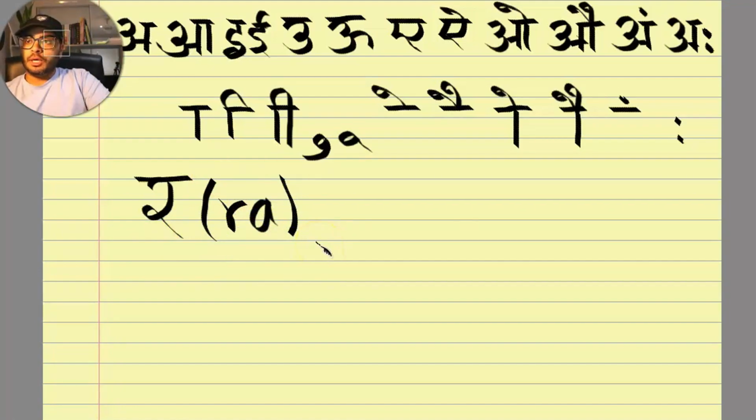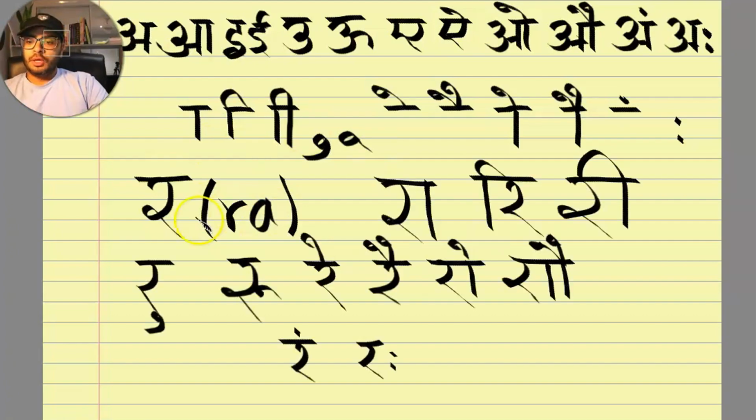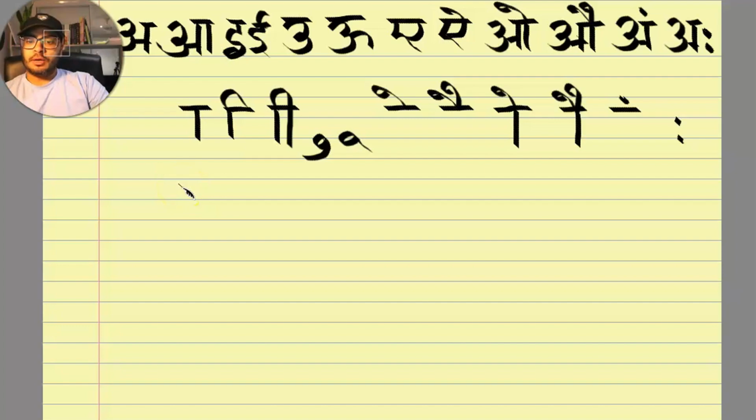The sound similar in English would be something like rabbit, and in Nepali a word that uses this sound would be something like rahar. Rahar means wish. The barakhari for this sound would be ra, ri, ru, re, rai, ro, rau, ram, rah.